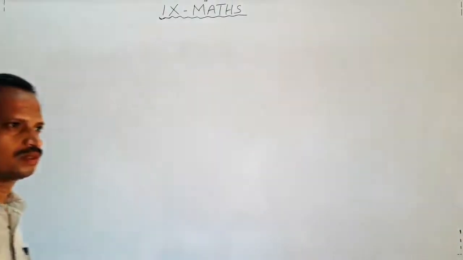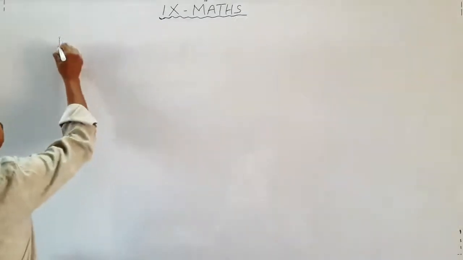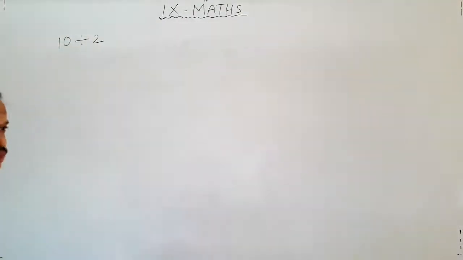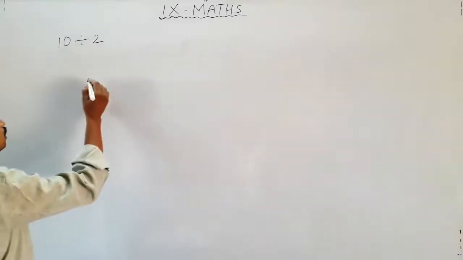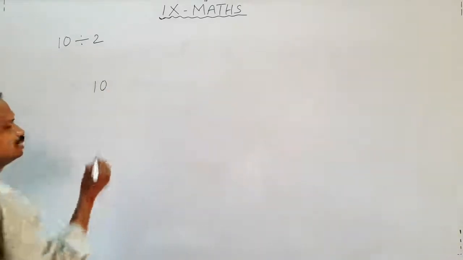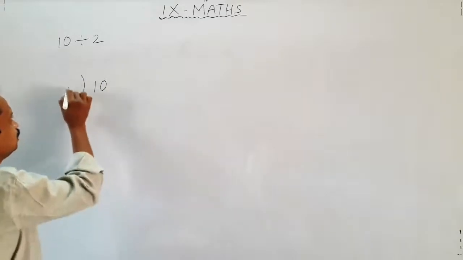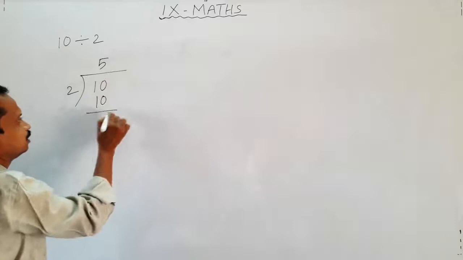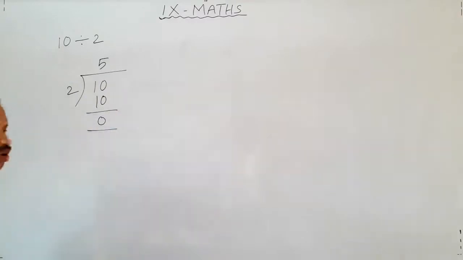First, 10 divided by 2. Okay. What we do? 10 is the bigger number, so keep in the dividend, and 2 is the divisor. Then 2 5s are 10. The remainder is 0. What we are doing here to get the remainder?